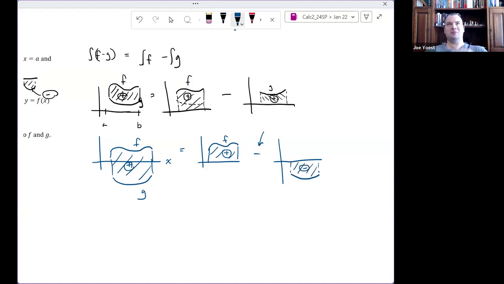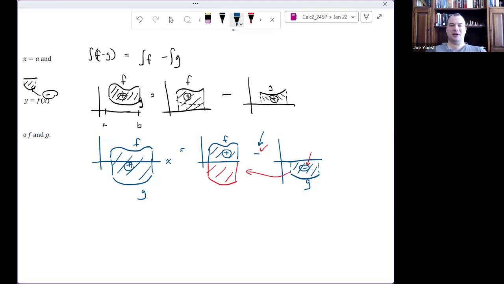This area comes in with a minus sign, but it's subtracted off, which means it's kind of added to overall, which means it's globbed onto this area, right? Because the negative sign with the minus says we want to kind of append that area, the g area, to f. And we do see that, up to my ability to draw artistically, which is not very good, we've recovered that same figure.